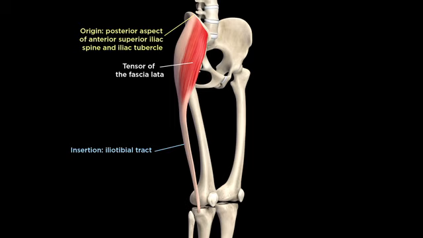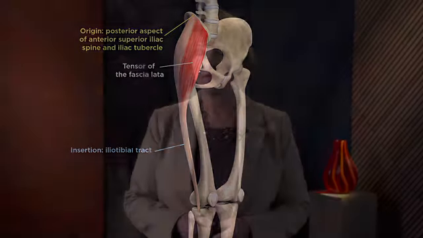The muscle belly originates from the lateral edge of the anterior superior iliac spine and a pronounced region on the lateral ilium known as the iliac tubercle. It inserts on the iliotibial tract or IT band, which does cross the knee, but the muscle belly really only acts on the hip joint and to tighten the iliotibial tract, thereby supporting the hip, thigh, and lateral knee.